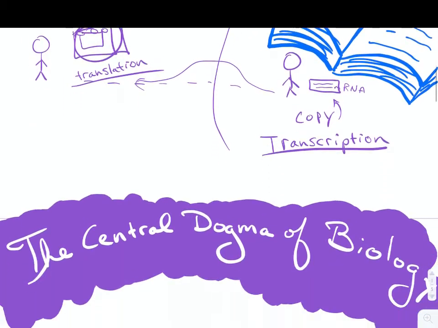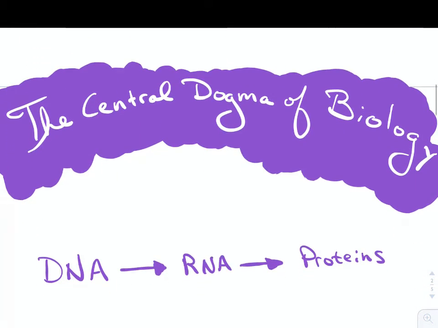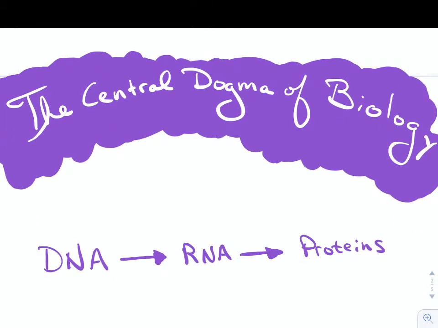So this idea of taking genetic code in our DNA and turning it into a smaller code in RNA, and then using that to build proteins, is often referred to as the central dogma of biology. It's one of the most important ideas in all of biology, and it's really how you understand why DNA is so important. It's how you build organisms and how you build cells.